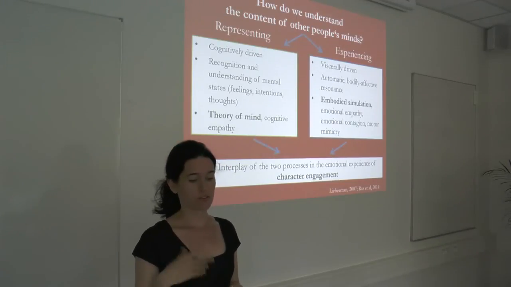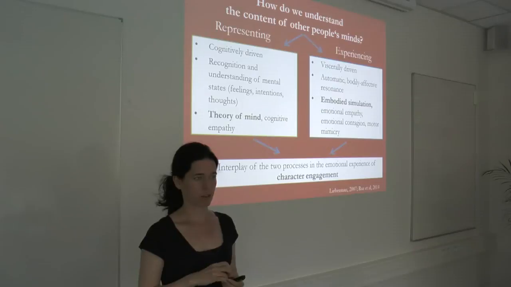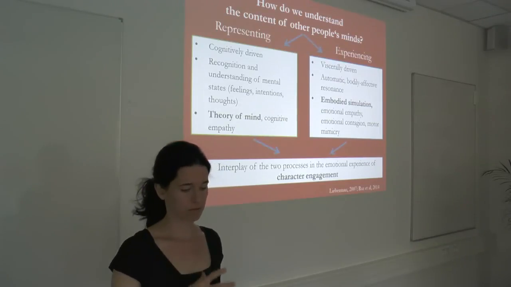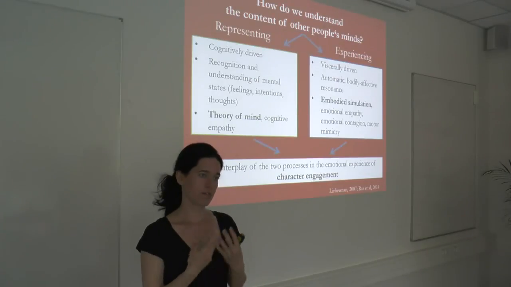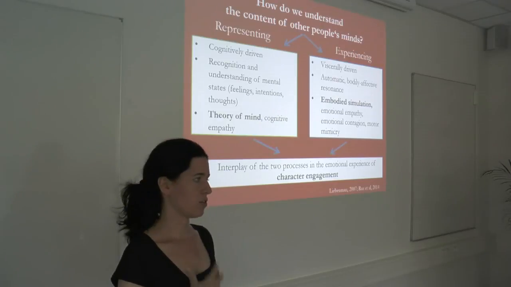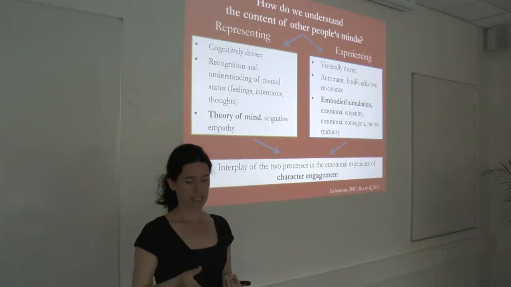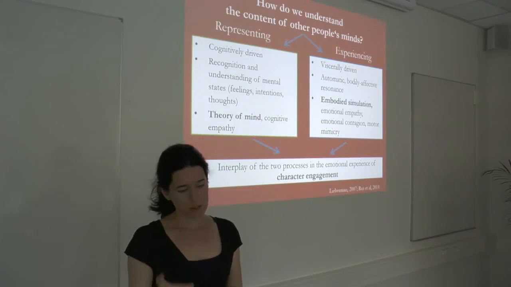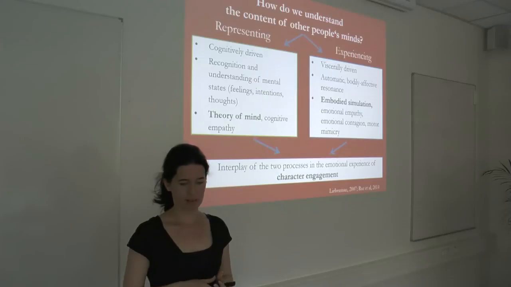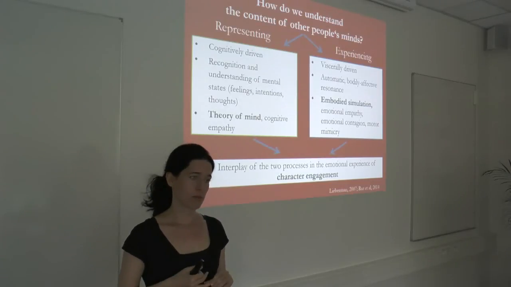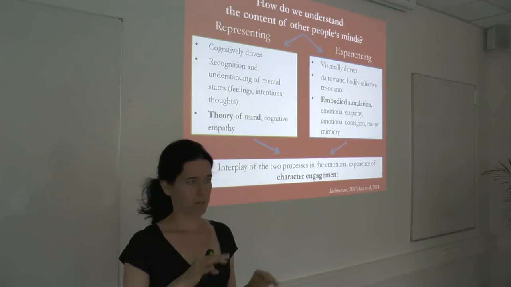It relates to the recognition and understanding of mental states, and theory of mind is one of the main processes having a role in this representation. The other route is more like an internally, viscerally driven process when we automatically bodily resonate to the other person's feelings. This route is often called embodied simulation, emotional empathy, emotional contagion, motor mimicry. Research shows that the two routes relate to two different brain networks.